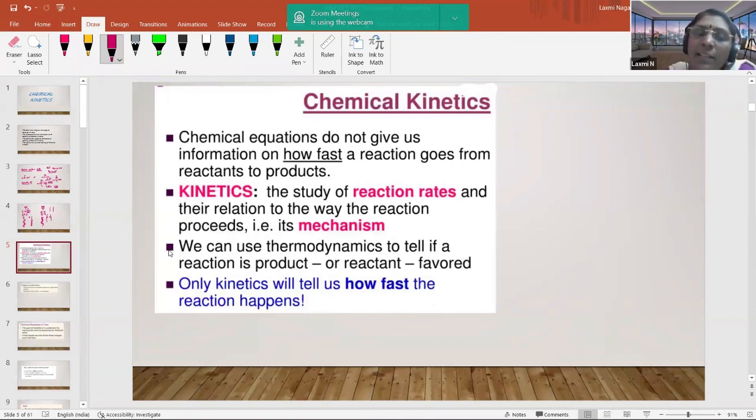Also, chemical kinetics helps us to understand certain mechanisms as to where we can intervene in the reaction and bring positive changes, where we can improve the yield. So the kinetics angle is important for us to better the results.